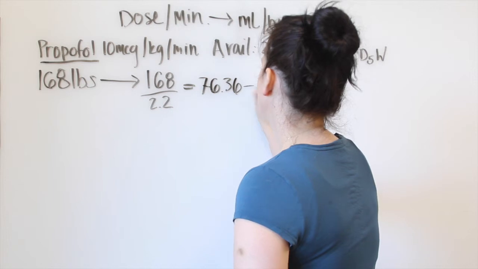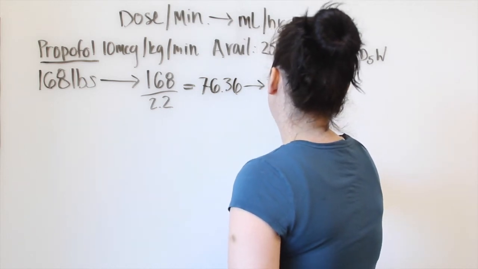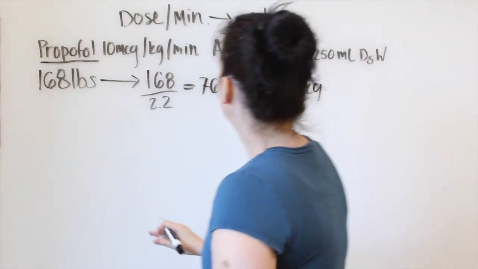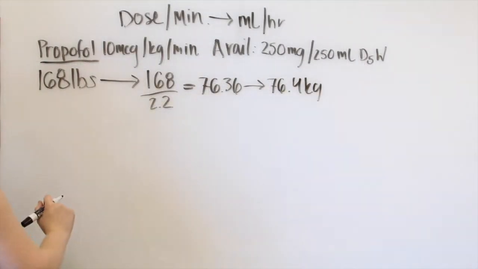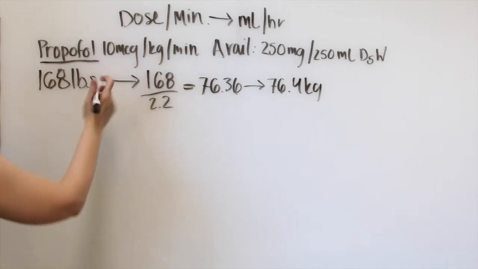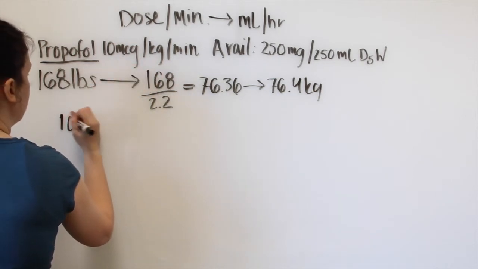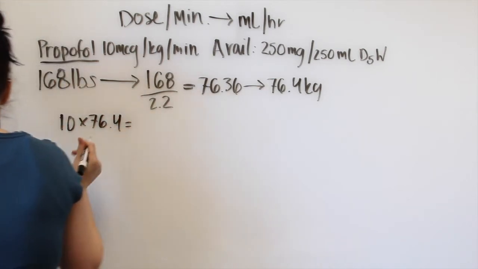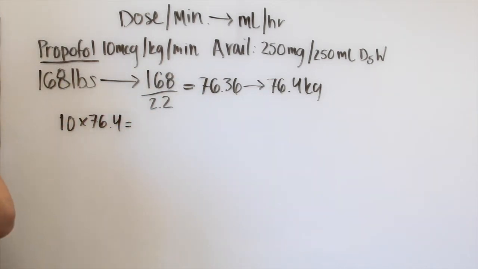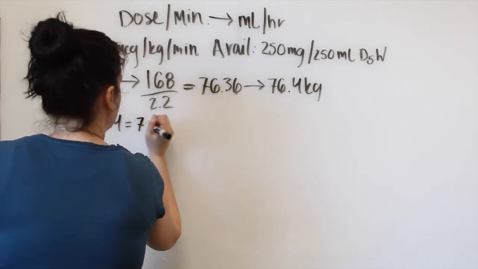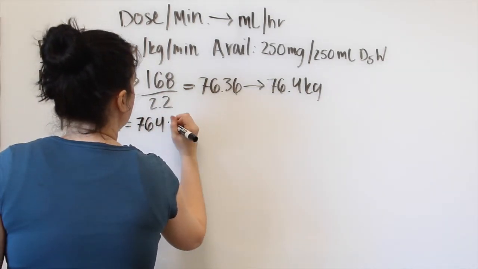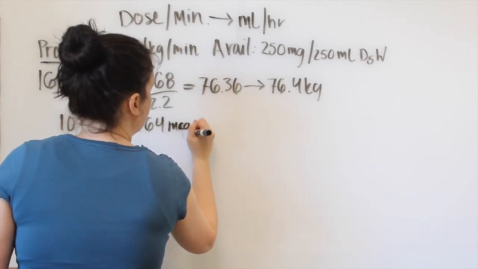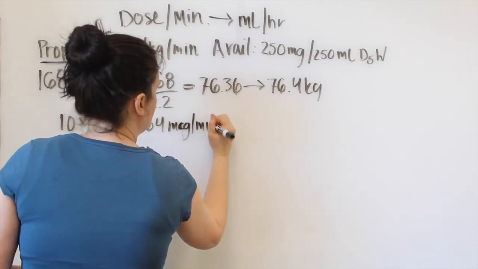For our purposes, your patient weighs 76.4 kilograms. Okay, so now that you have that, we can go ahead and plug that in here. So 10 times 76.4 equals 764 micrograms per minute.